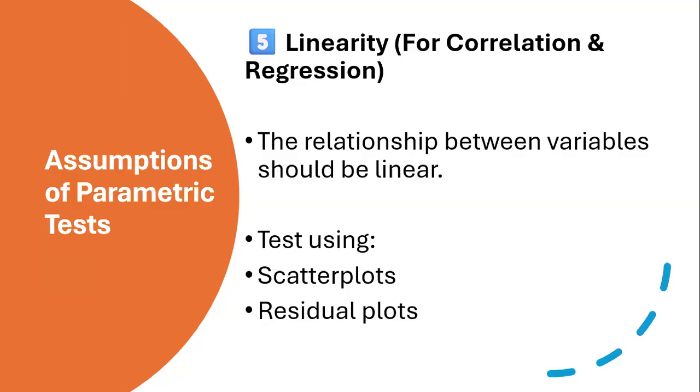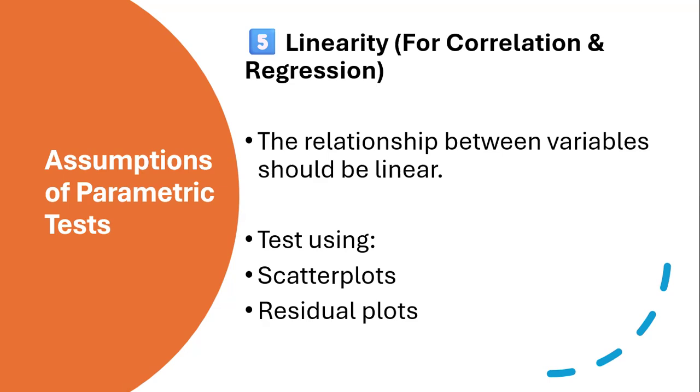The moment the relationship between the variables is not linear, but maybe curvilinear, then you cannot use a parametric test. So anything other than a linear relationship between the variables that are being observed should not be subjected to a parametric test.